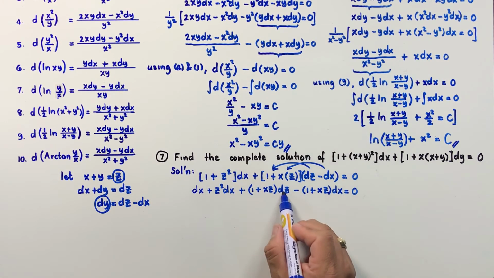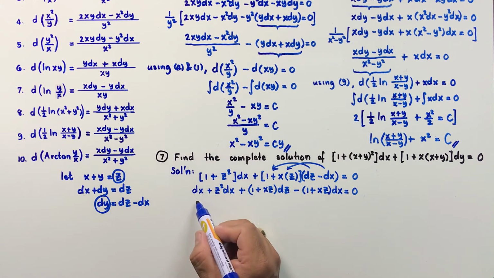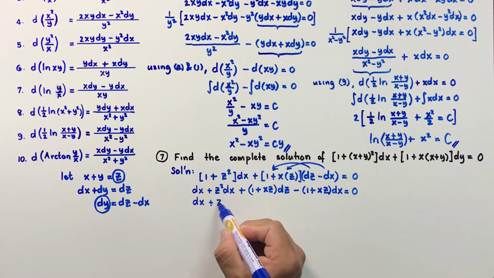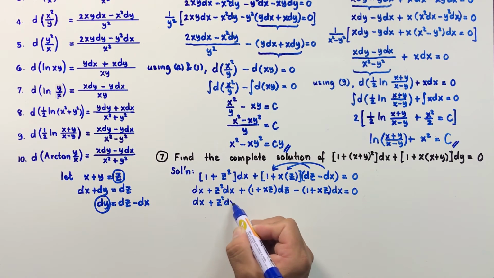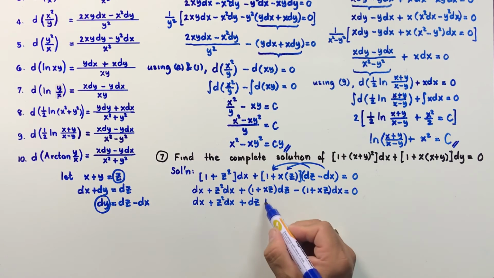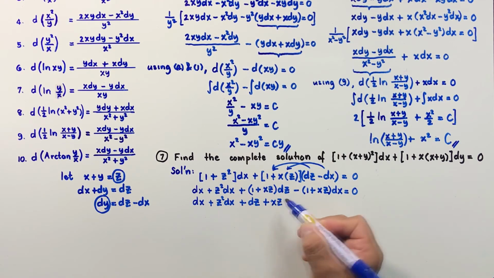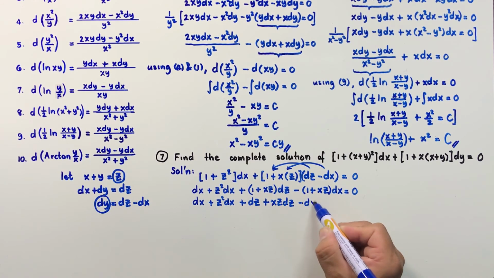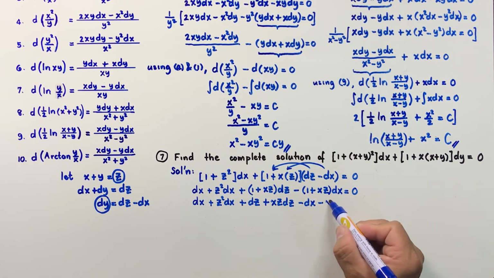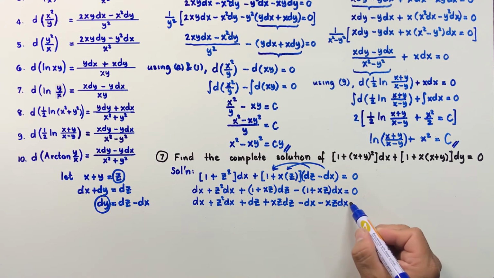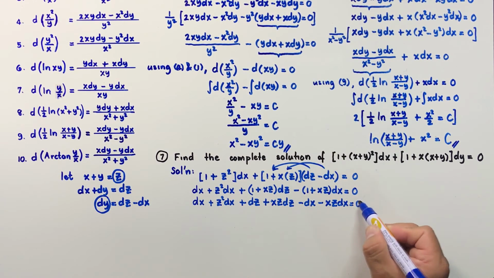Now distributing further this one in this binomial, we have dx plus z squared dx plus dz plus xz dz minus dx minus xz dx, which is equal to 0.